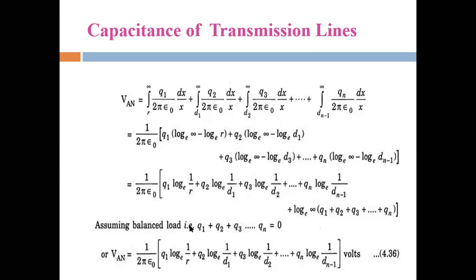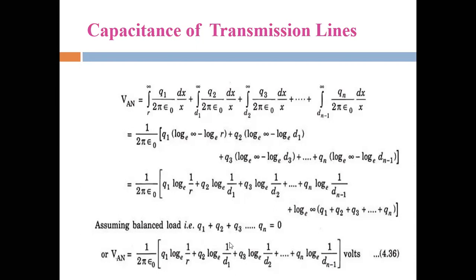Then assuming balanced loads, that is Q1 plus Q2 plus Q3 and so on plus Qn is equal to 0, we obtain VAN is equal to 1 by 2 pi epsilon naught Q1 log e 1 by R plus Q2 log e 1 by D1 plus Q3 log e 1 by D2 plus and so on Qn log e 1 by Dn minus 1 volts.